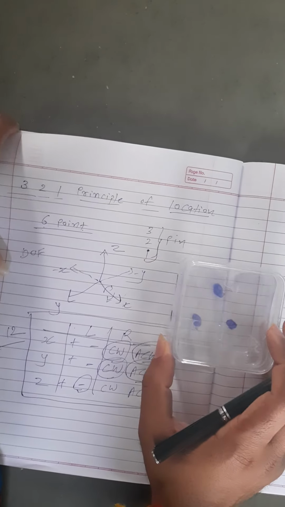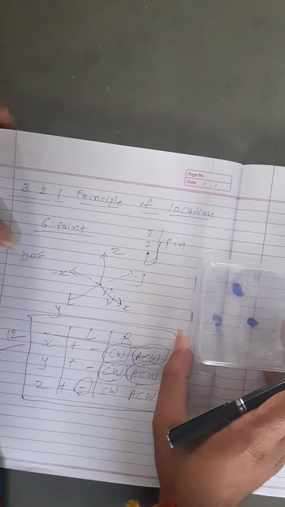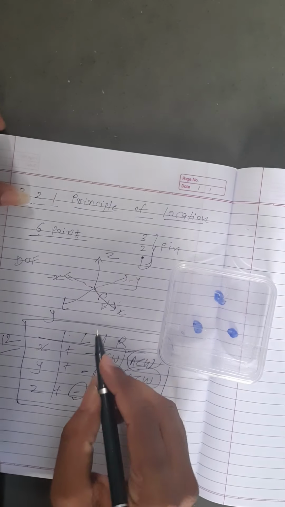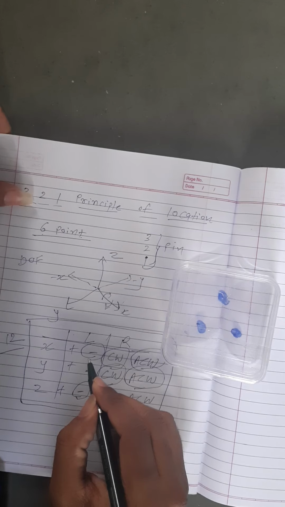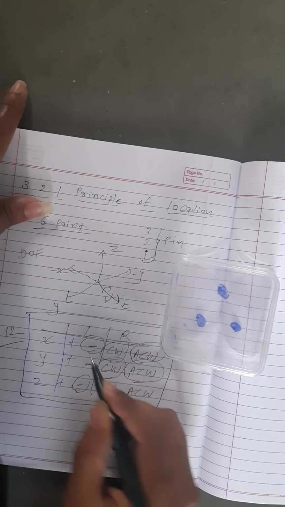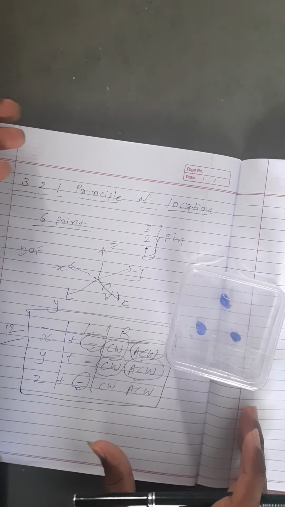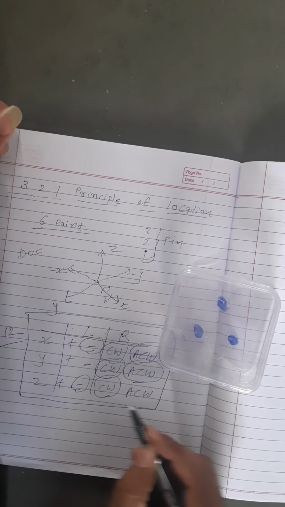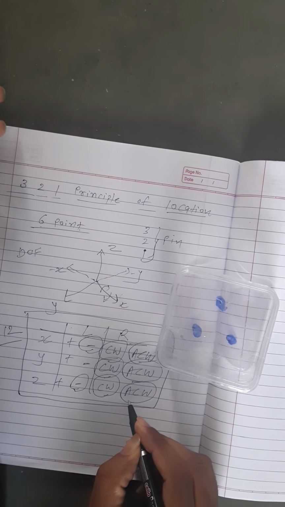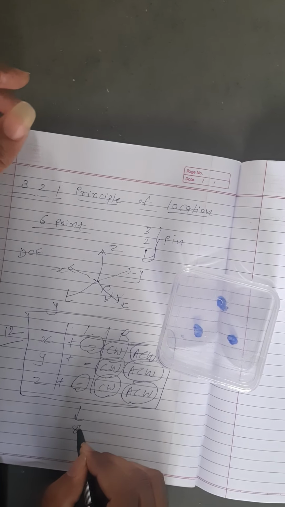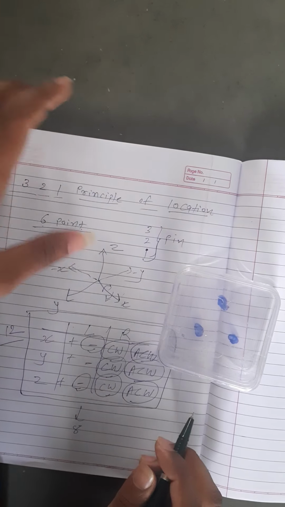By putting these 2 pins, in the x direction like this, negative x direction, it can't move. So this is restricted. It cannot rotate about the z direction, clockwise and anti-clockwise. So again these 2 degrees of freedom are restricted. So 8 degrees of freedom are restricted by putting these 5 pins.